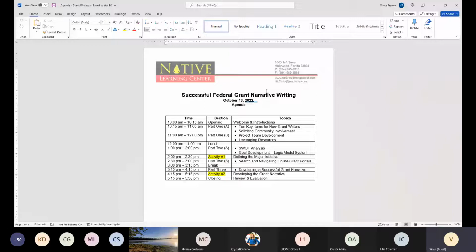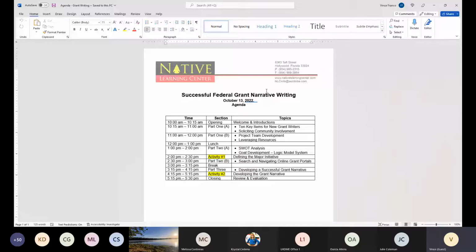This is the actual activity of you working together or by yourself to use the tools that you've learned and the description that I'm going to provide to you on the 7 components to put together the foundation, the basics of a grant narrative. I'll go into that in much more detail as we get closer to that.